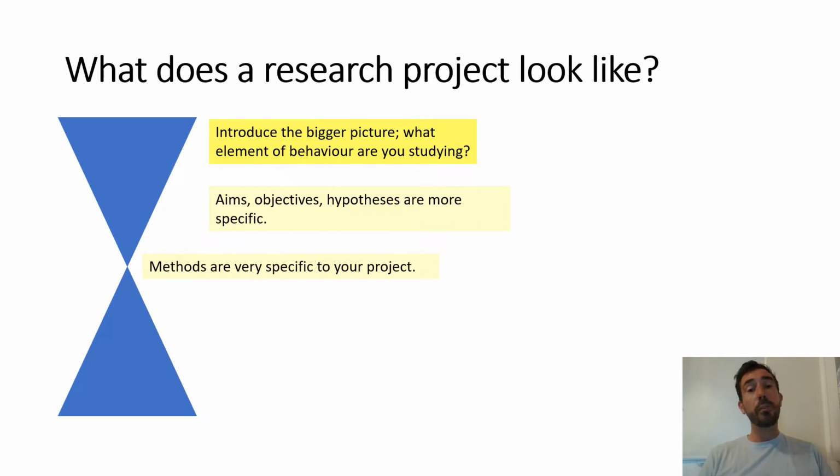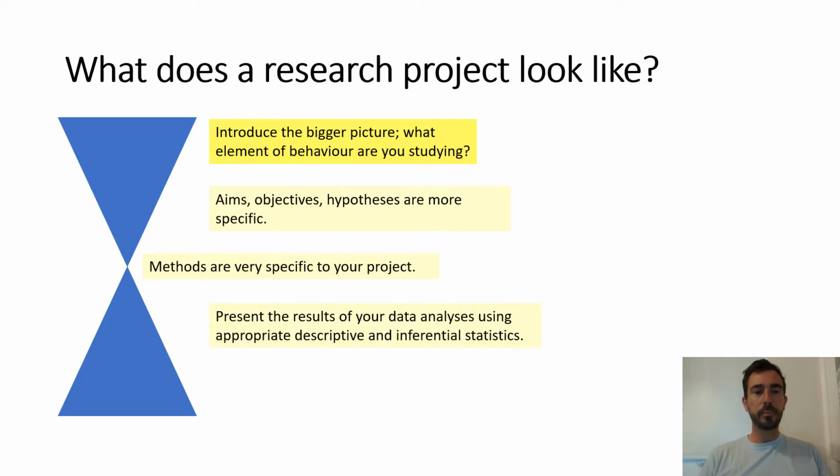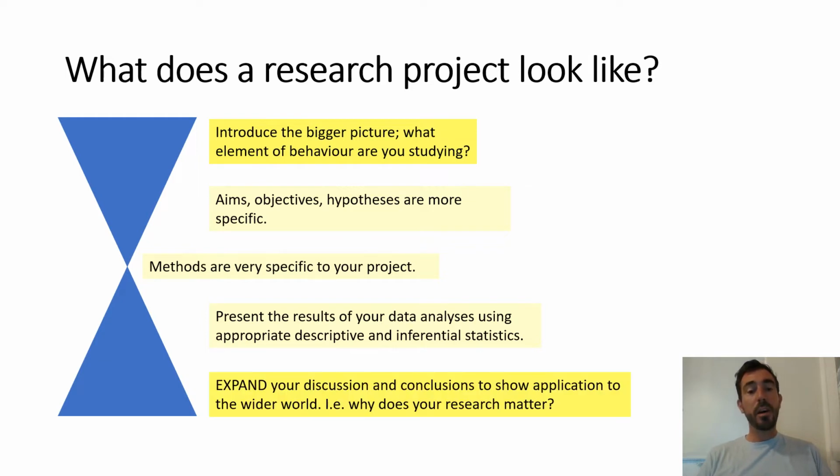We support or refute our hypotheses with data, and these data come from our methods, and the methods are very specific to the project that you have created. We then present our results, which describe what we have found, and we further expand on our discussion and evaluation of these results.